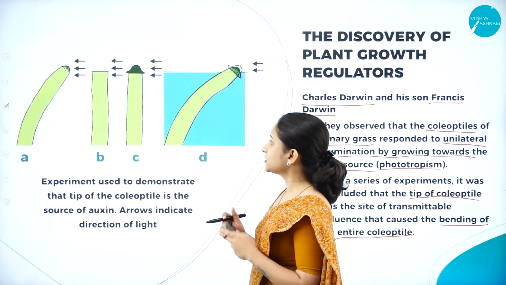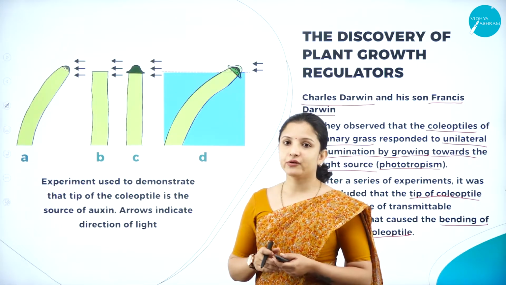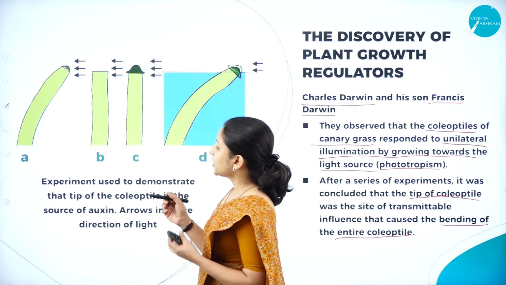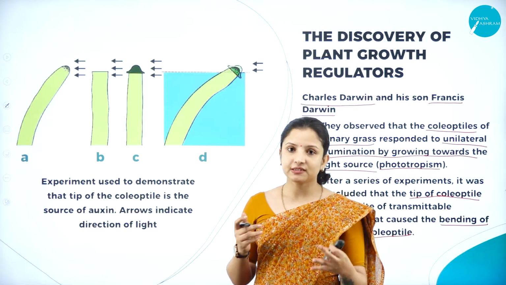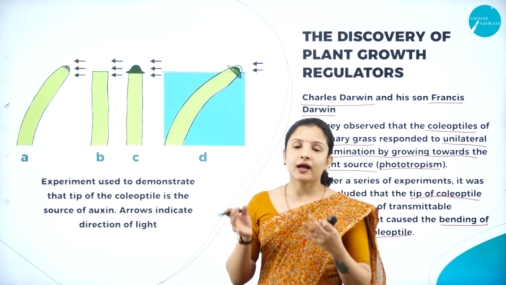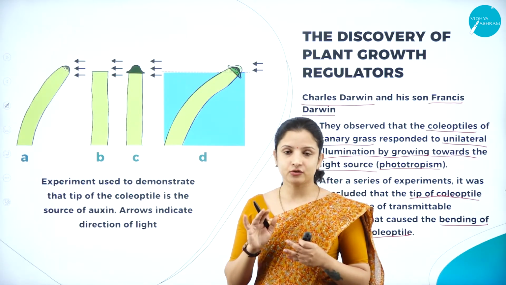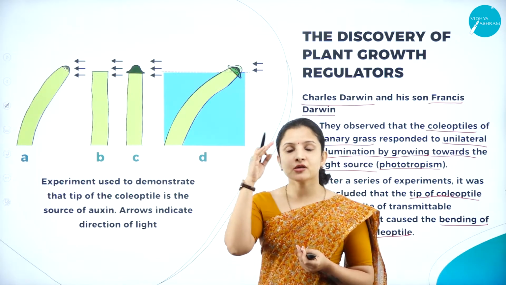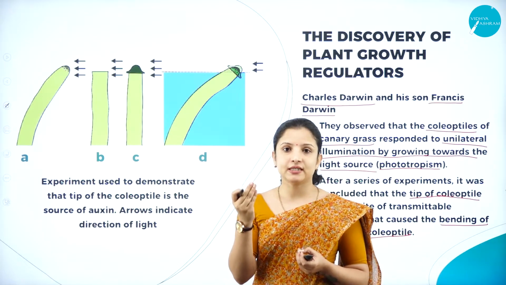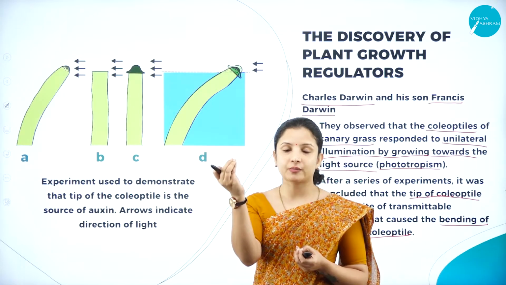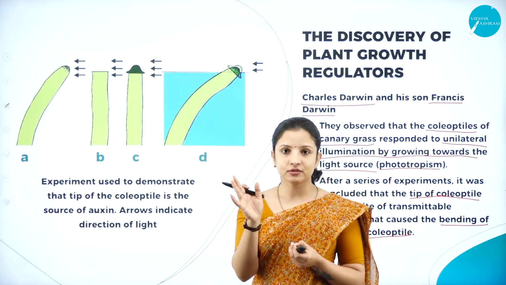In this particular slide you can see, he took the Avena species of grass, the seedlings of that grass, and he started studying the shoot region of that particular seedling, that is the shoot that arose from that seedling.